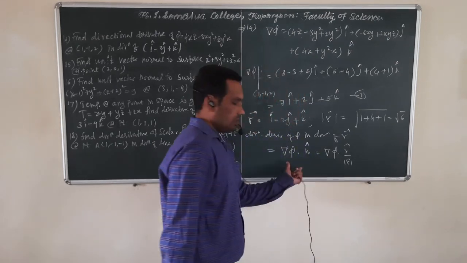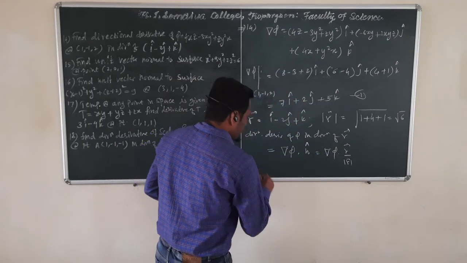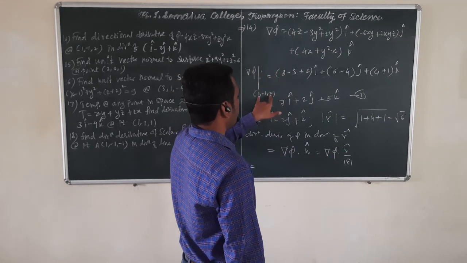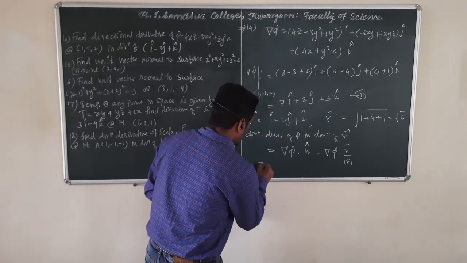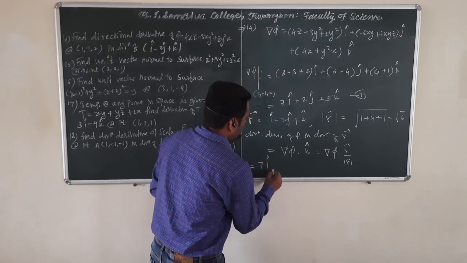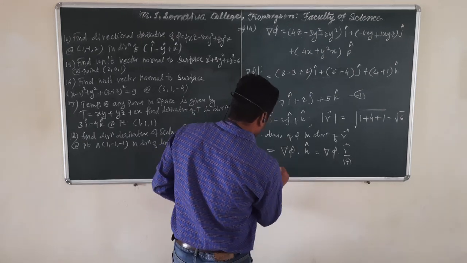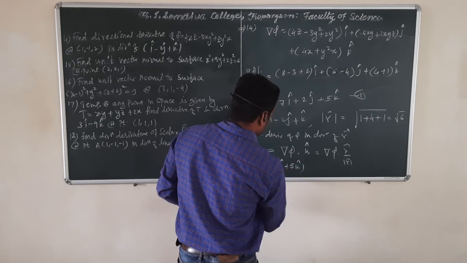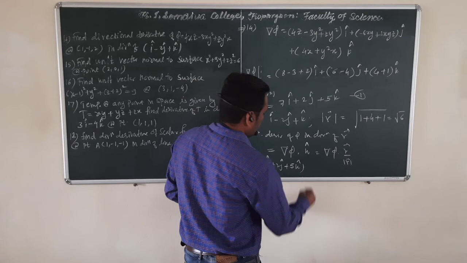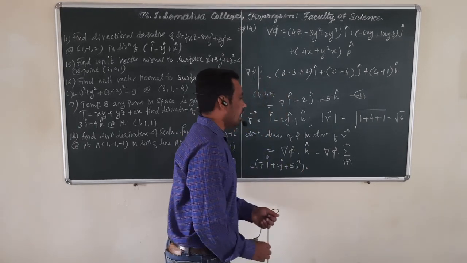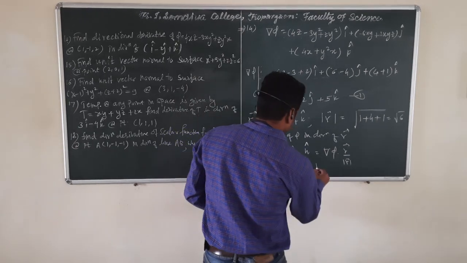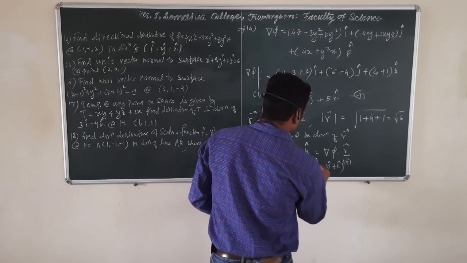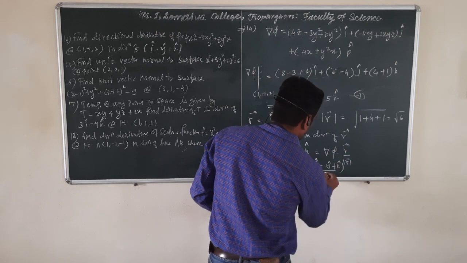The gradient of phi we already calculated at (1, -1, 2), which is 7i plus 2j plus 5k, dotted with vector r, which is i minus 2j plus k, divided by the square root of 6.